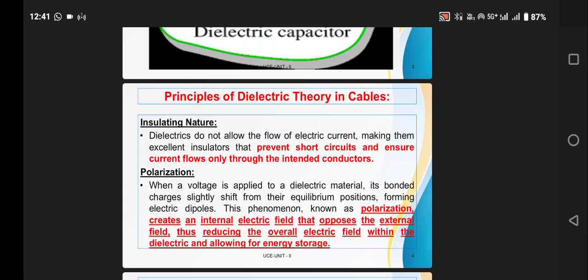This phenomenon is known as polarization, which creates an internal electric field that opposes the external field, thus reducing the overall electric field within the dielectric and allowing for energy storage.